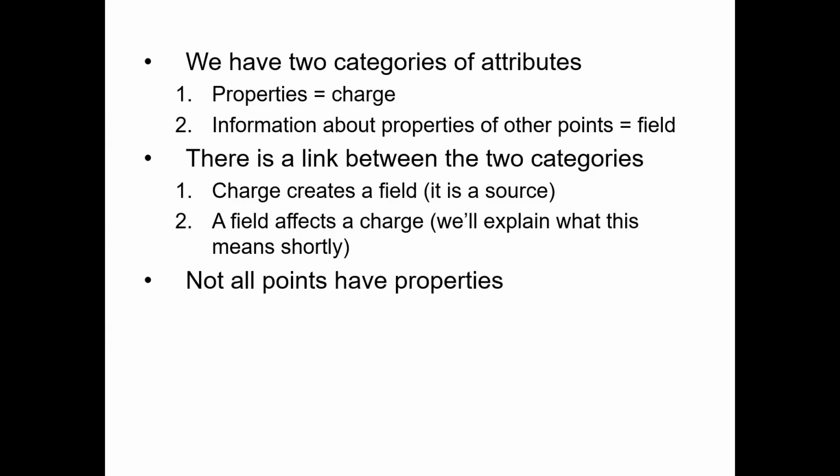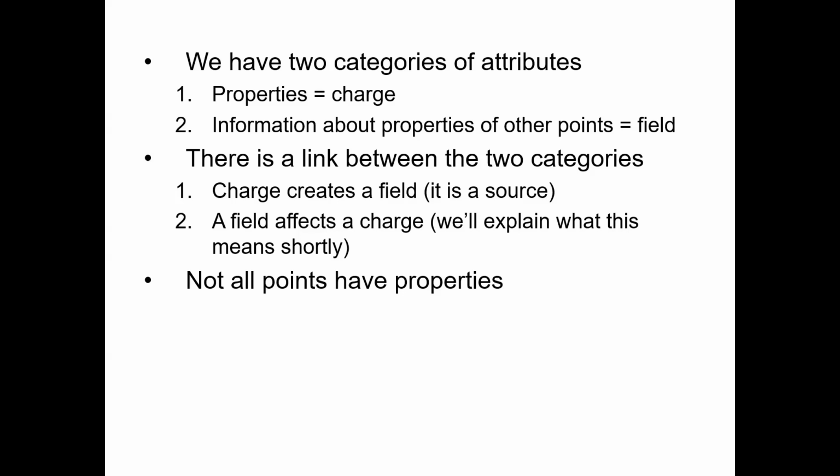Now, not all points have properties. So if we look at a point in reality, it has its ordered list of numbers, and we divide this list of numbers into two categories. Let's say the first three places are connected to properties, and all the rest of the places are connected to fields.